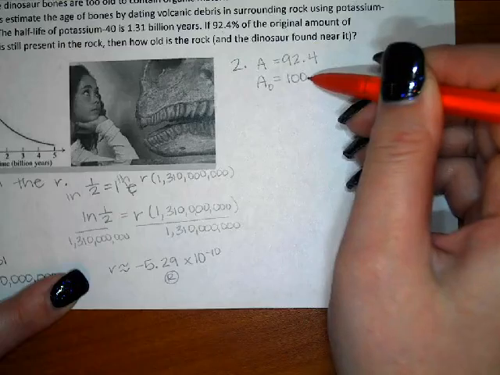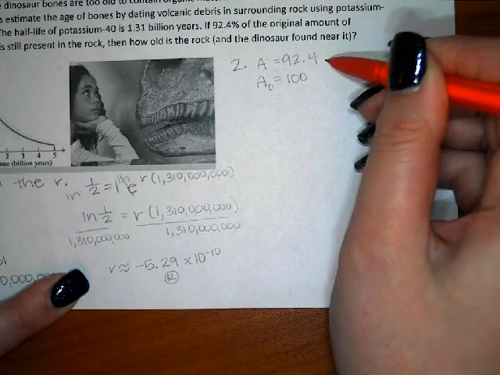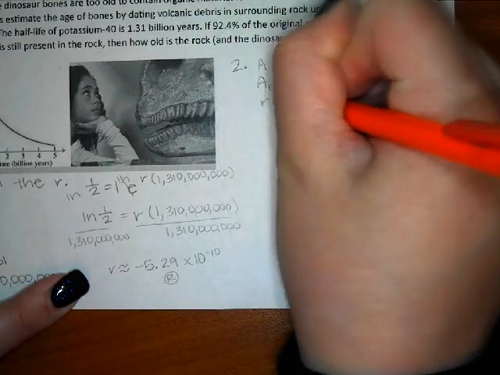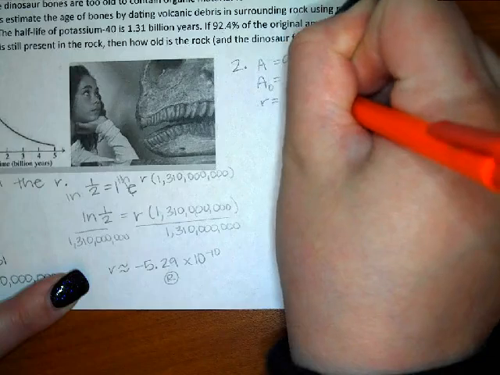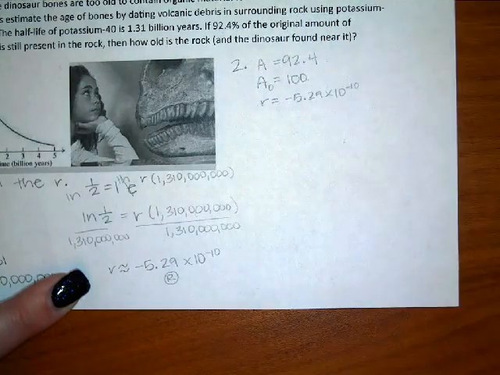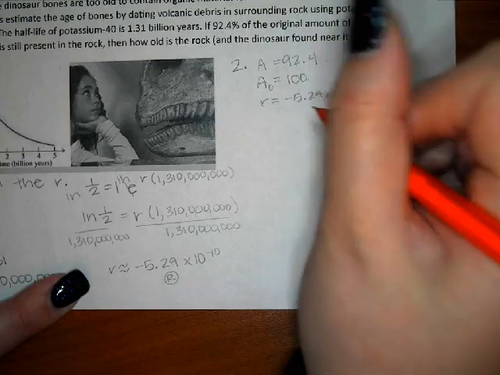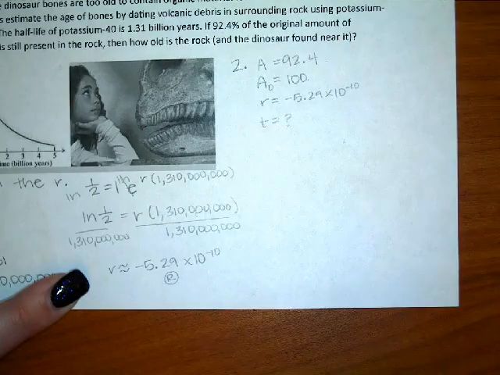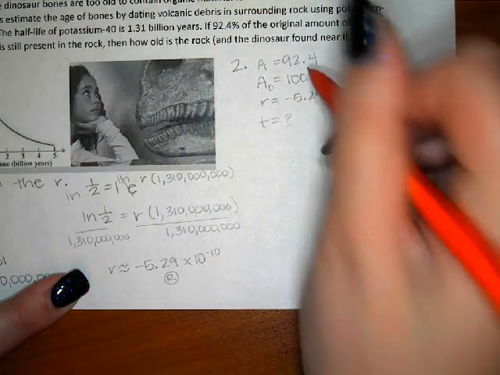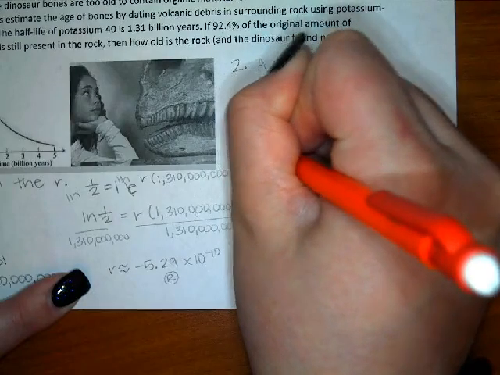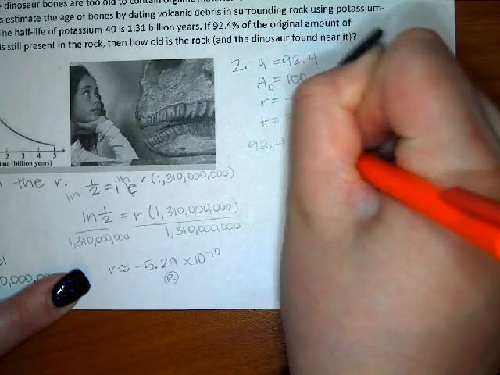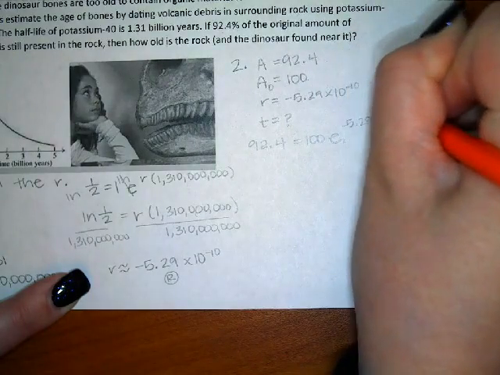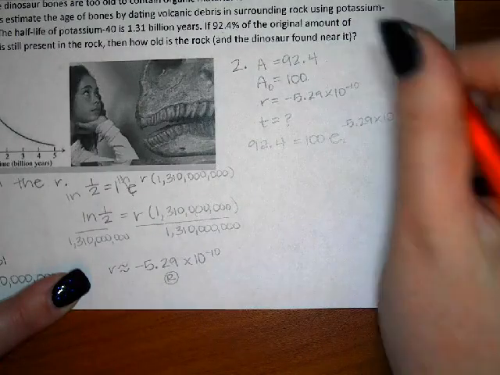I have my rate. It's the number that I stored on my calculator. So I'm going to write this down, but I'm going to use that stored decimal that I have. And then the t is what I'm solving for because I want to know how long it takes for this to happen. So I've got 92.4 equals 100 e to the -5.29 times 10 to the -10, that r value that I just solved for, times t. So for me to solve for t, I need to start moving stuff away from the right side of the equation.